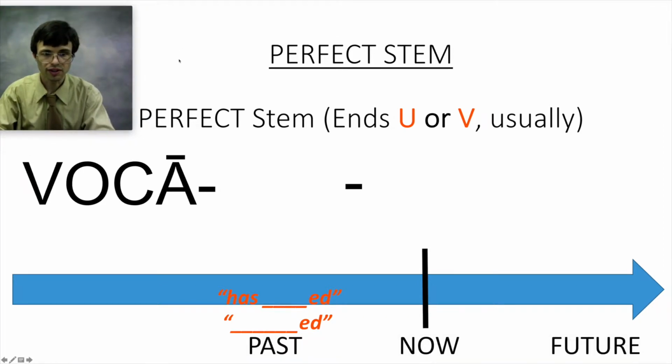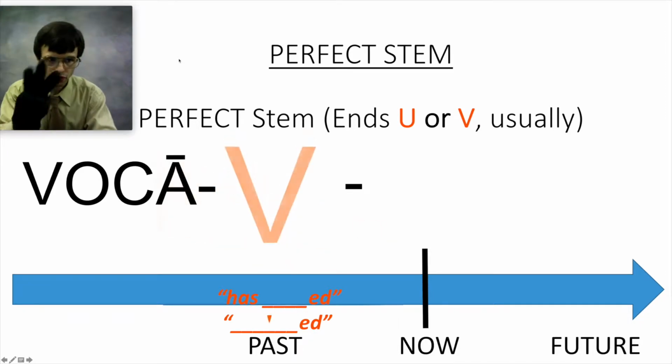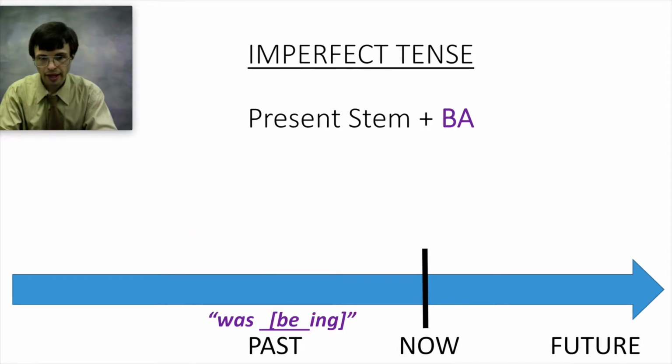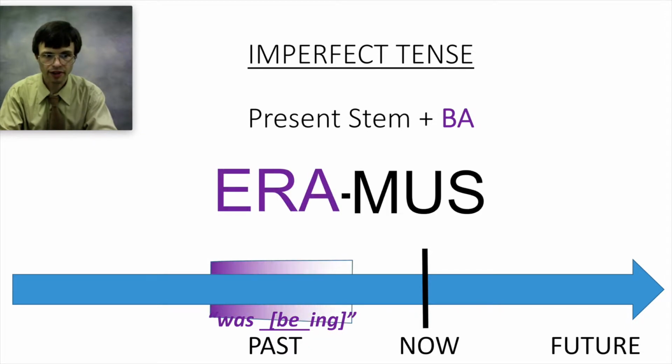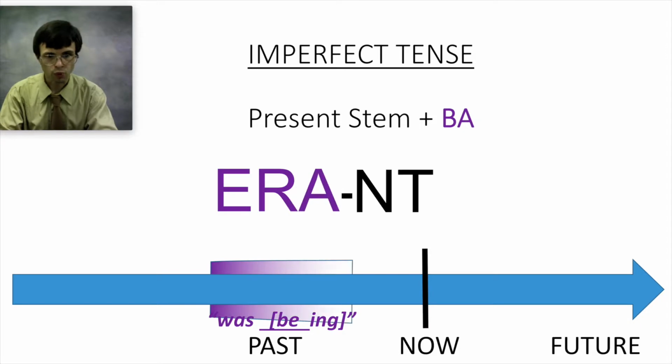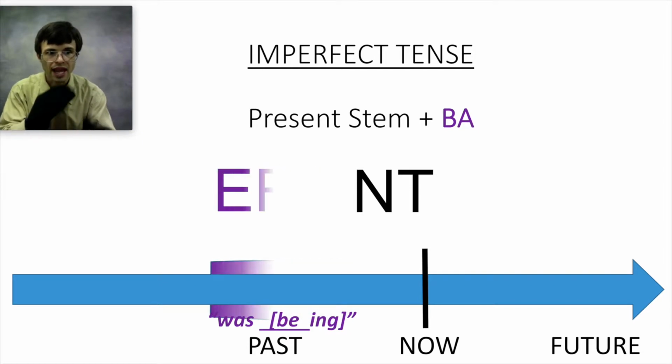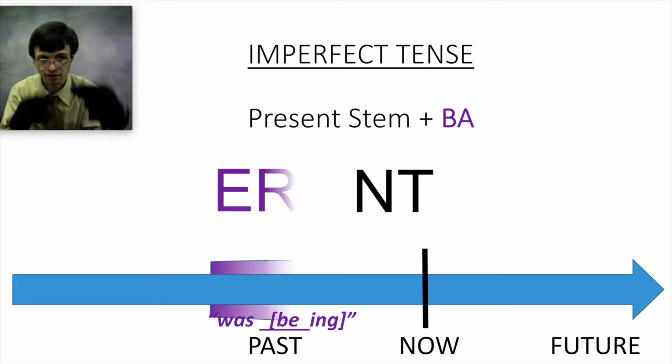First is the perfect stem, which you're already used to from the perfect, the third principal part minus its ending. And then the other thing the pluperfect will have are these eram, eras, erat endings, which were the form of the verb to be in its imperfect tense. So you learned these as meaning I was being, you were being. Now though, we're going to append a prefix, namely the perfect stem, onto this right here.